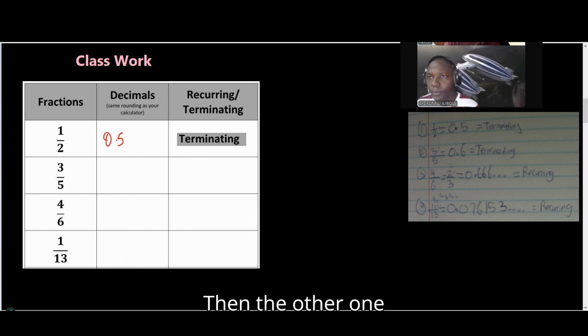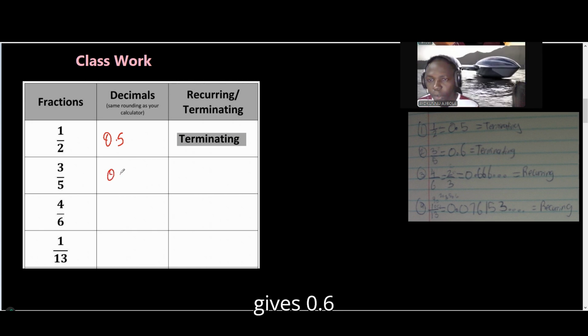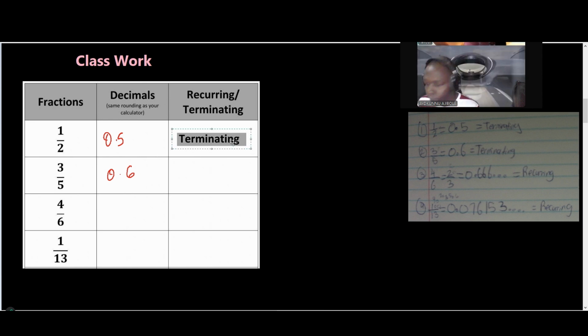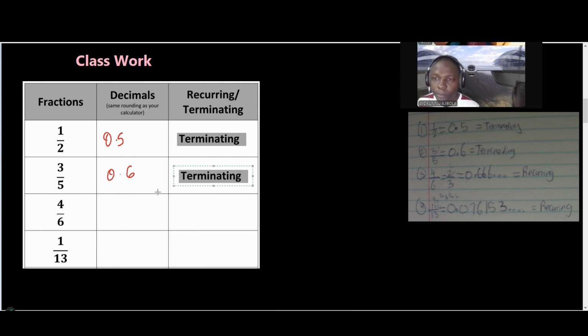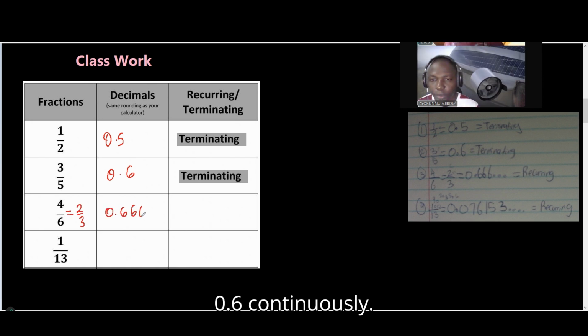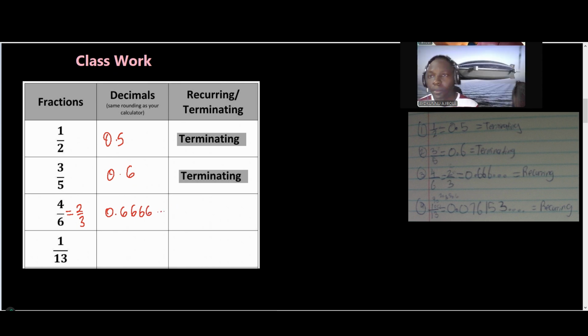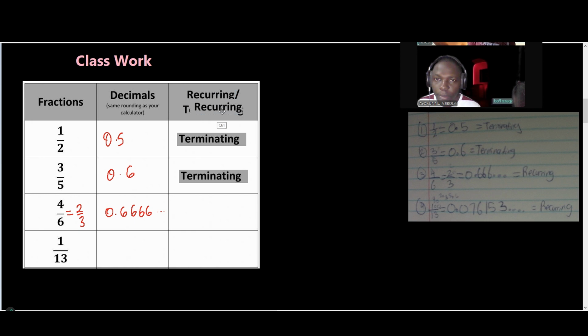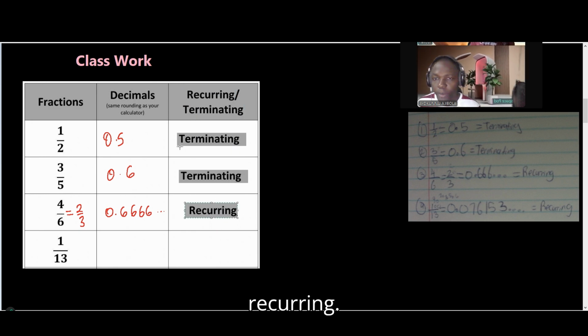Then the other one gives 0.6, and that is also terminating. Then this is 2 over 3, which is 0.6 continuously. Then we tag it as recurring.